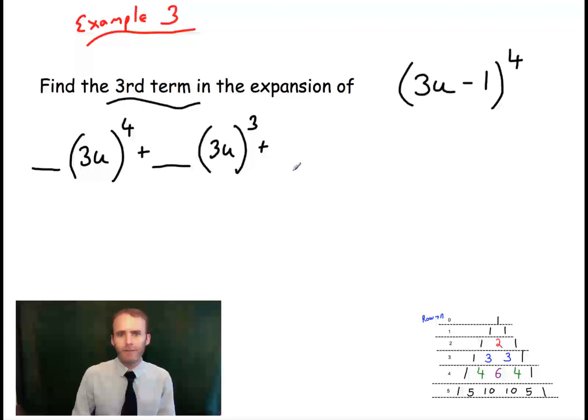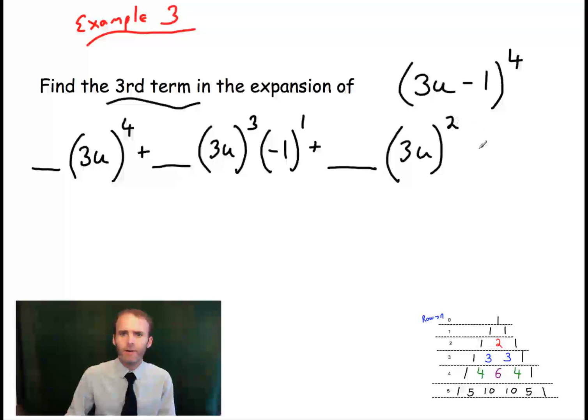Now I have plus, oh, I forgot my second part of that, which is b to the 1st power, plus I have my blank, and I have 3u counting down, so it's squared, and I have negative 1 squared because I'm counting up, and plus dot dot dot.